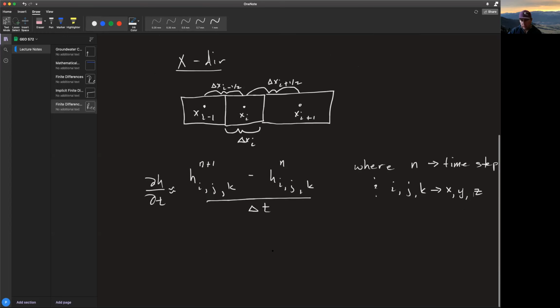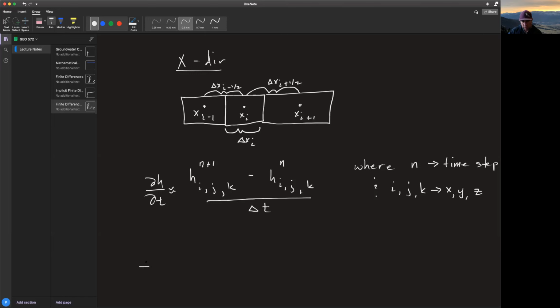Okay, so this equation is my first operator. It's the future step minus the present step over the change in time, all for some location x, y, and z, or i, j, and k. So this is the left-hand side of the equation.